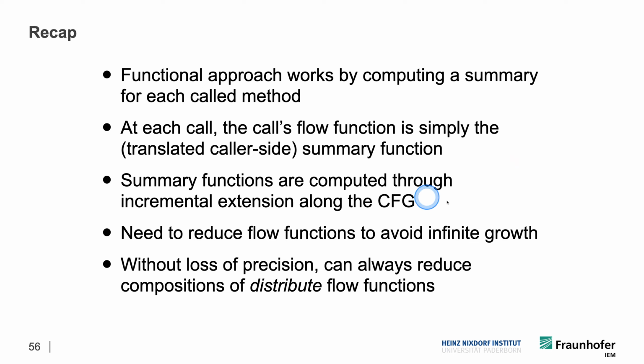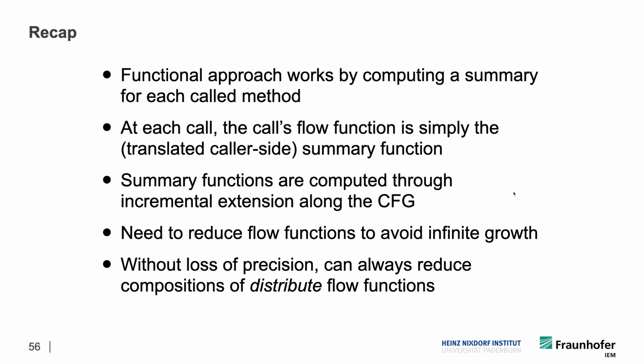Then summary functions are computed through incremental extensions along the control flow graph. But then we saw that we need to reduce flow functions to avoid infinite growth in the presence of loops in particular.